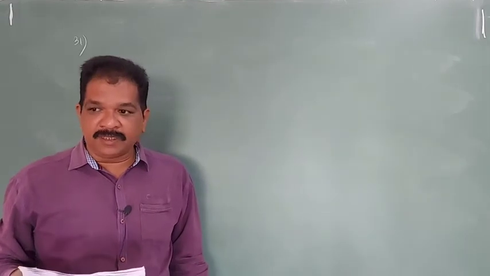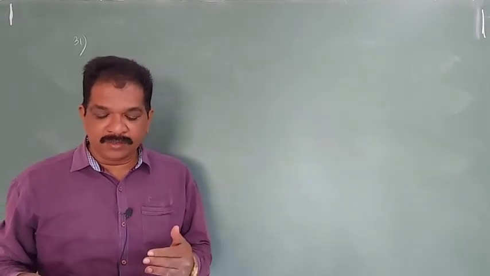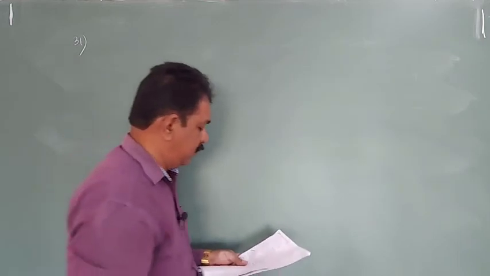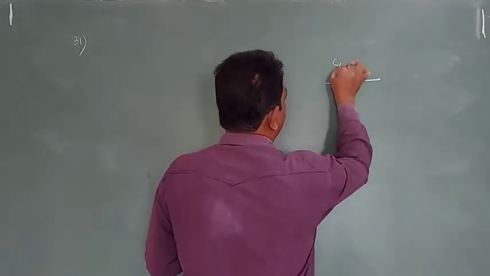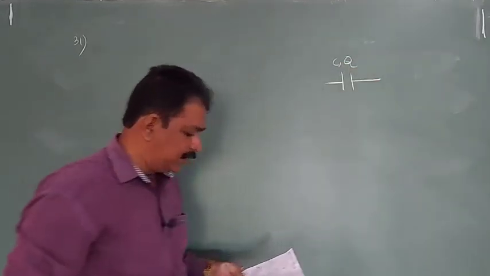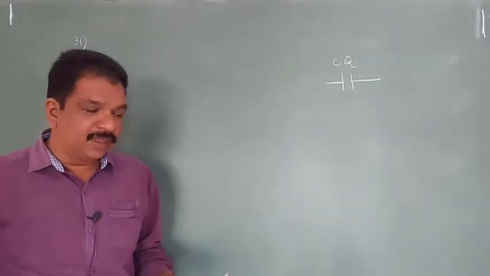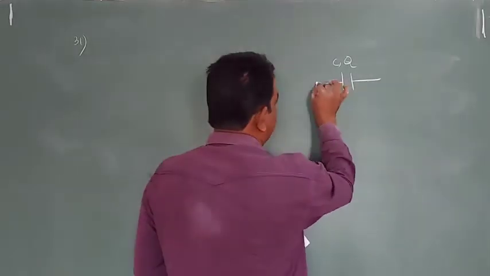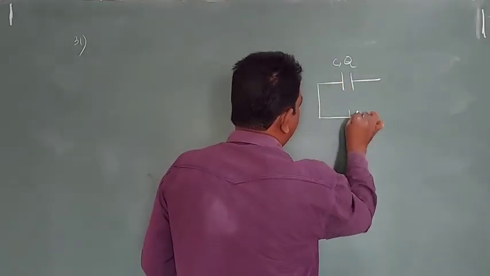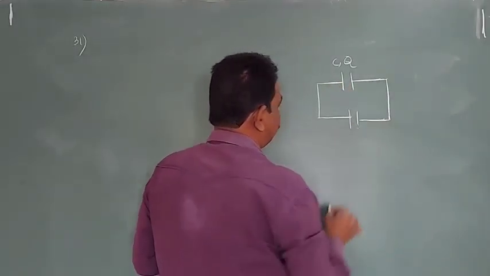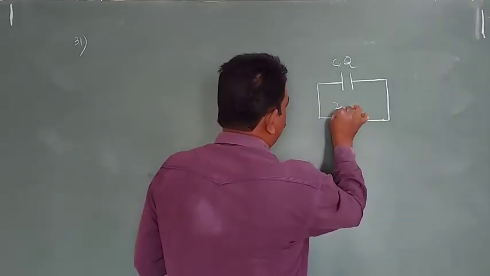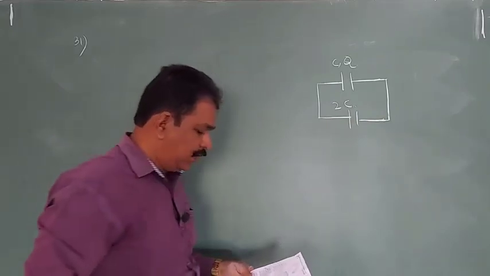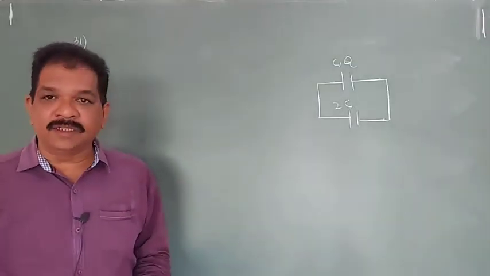The capacitor of capacity C is charged by an amount of Q. It is connected in parallel with an uncharged capacitor of capacity 2C. Final charges on that is what?